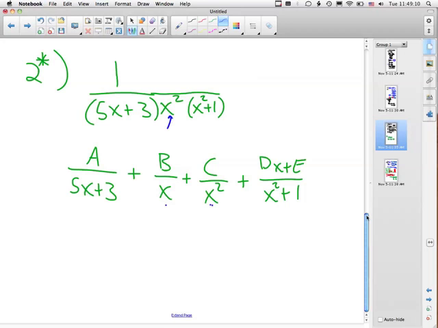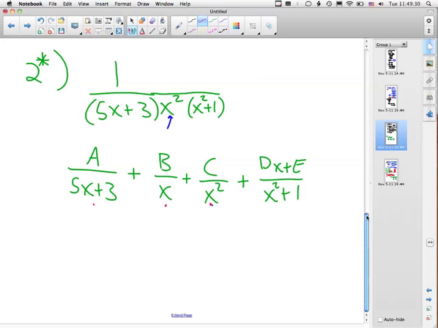Okay? So the key is breaking it down into fractions like this, and we'll be able to integrate any of these fractions because they're either linear on the bottom, like this one or this one, in which case it's just a u sub, and it'll end up being a logarithm. Okay?